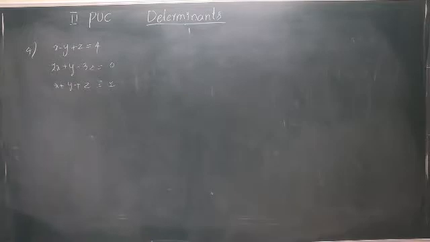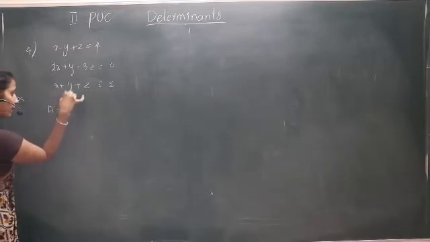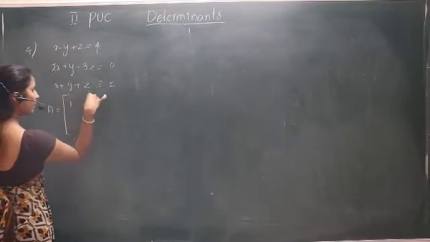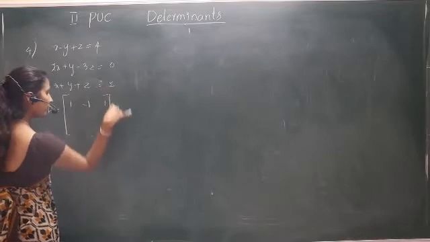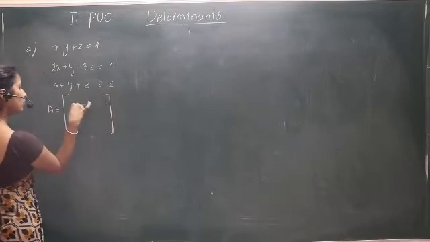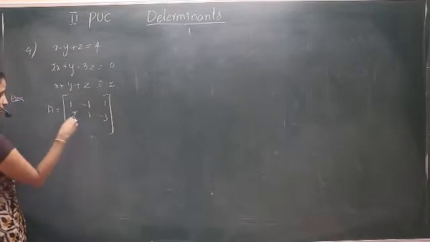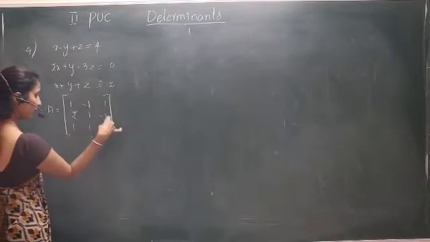So first we have to write the given matrices as A, B and X. A is equal to 1 minus 1 1, 2 1 minus 3, 1 1 1.